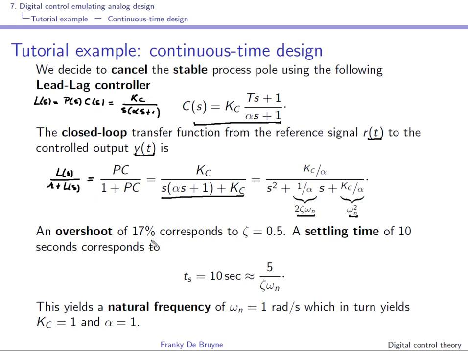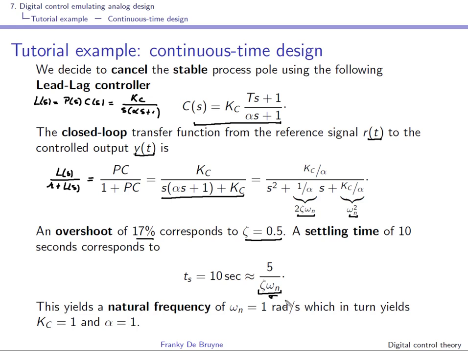Remember that an overshoot of 17%, as we've seen previously, corresponds to a damping ratio of 0.5, and the settling time should be around 10 seconds. We've seen that the settling time is approximately 5 divided by the real part of the complex conjugate poles, and this real part is zeta omega_n.